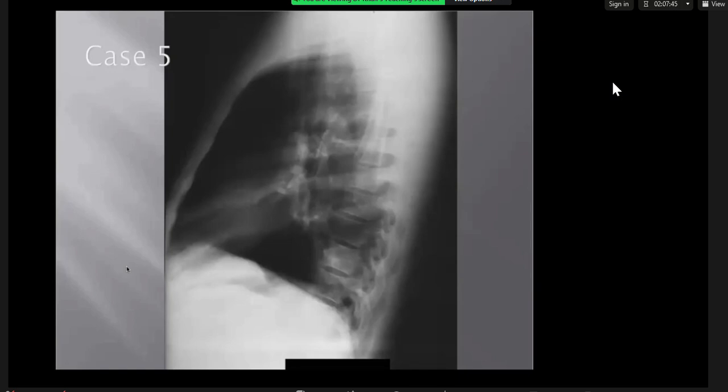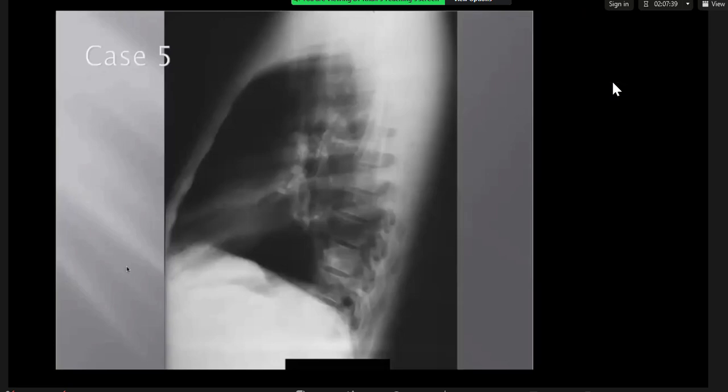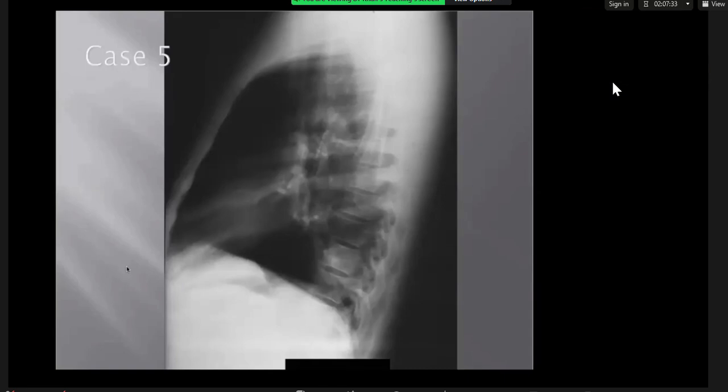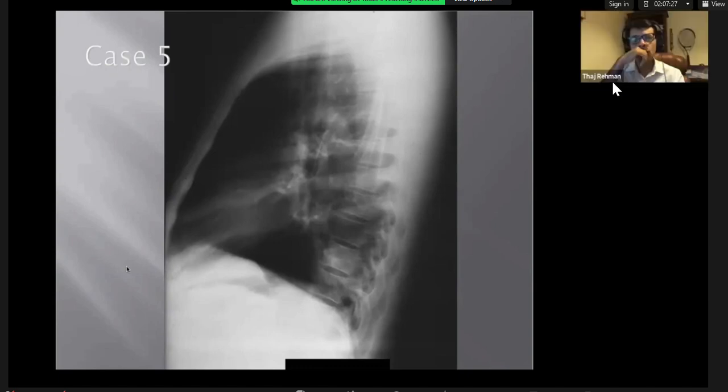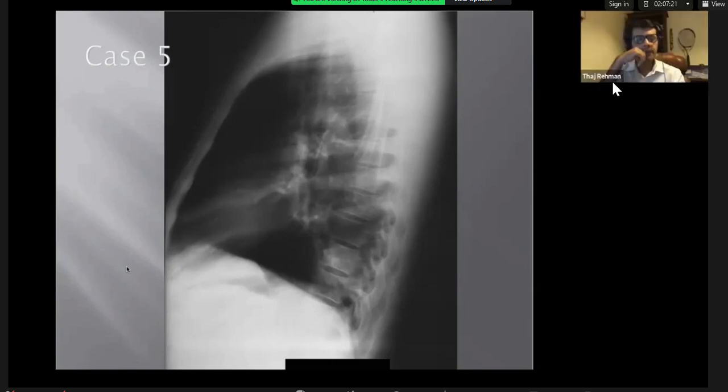Is that the upper chest, mid chest, lower chest? Say it's probably more in the upper chest, posteriorly. Reasonably well-defined margin. There's no obvious lobar collapse. Yeah. Have you heard of spine sign?